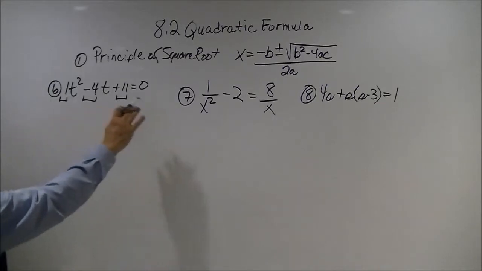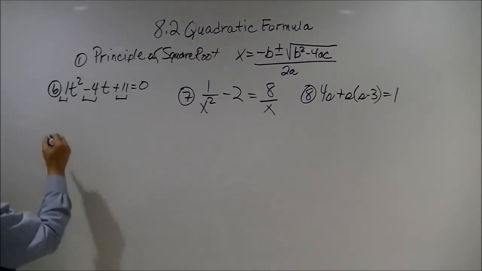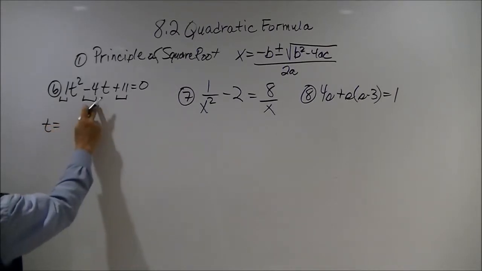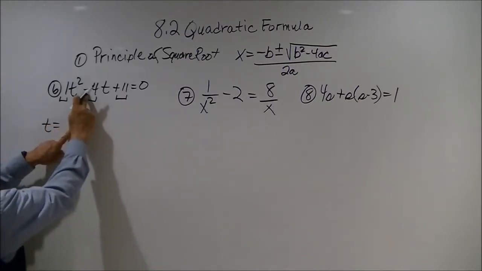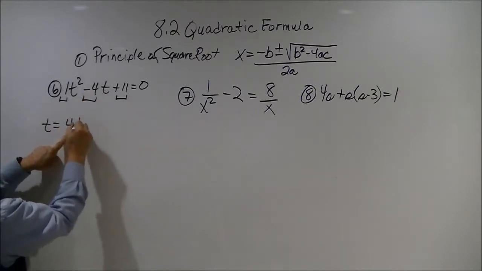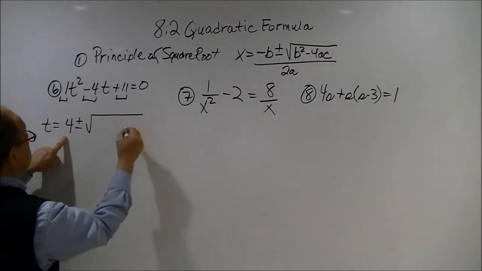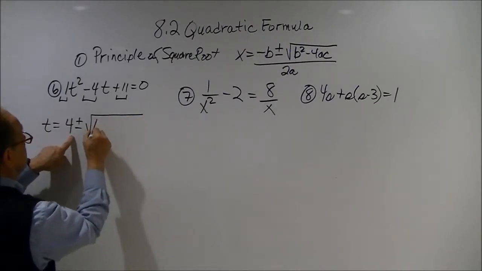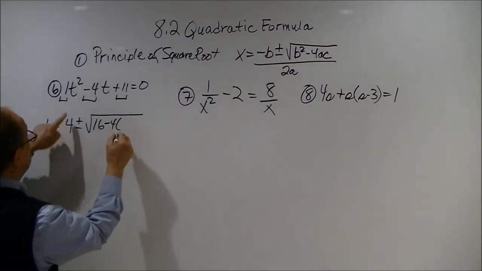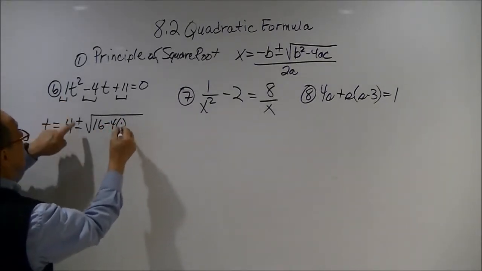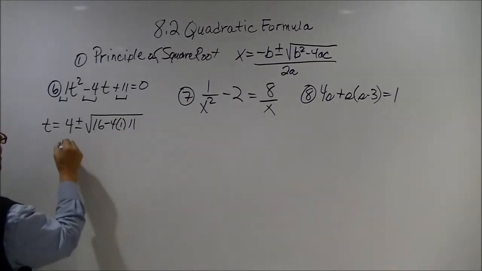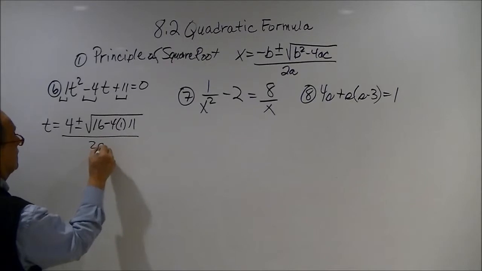So putting this into the quadratic formula, we're going to get T equals negative B. So B is negative 4, so the opposite makes it a positive 4, plus or minus the square root of b squared, which will be 16, minus 4 times a, which is 1, times c, which is 11, all over 2a.